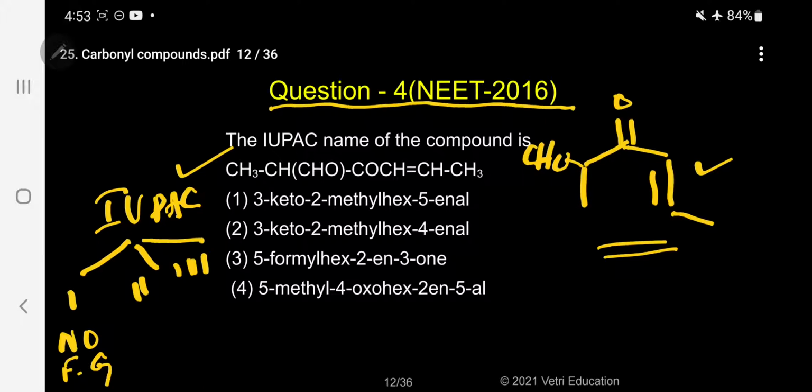Rule 2, containing one functional group. Please follow. Whenever a functional group is there, you must know, my dear students, that for functional groups there is a prefix and a suffix.